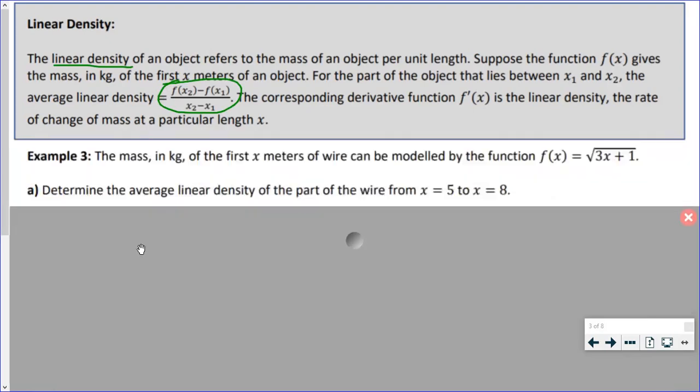So the mass in kilograms of the first x meters of wire can be modeled by this radical function. f of x is equal to the square root of 3x plus 1. Determine the average linear density of the part of the wire from x is equal to 5 to x is equal to 8.